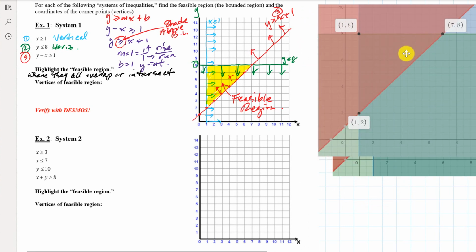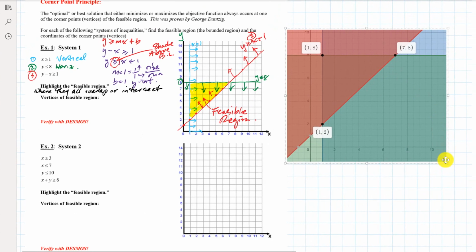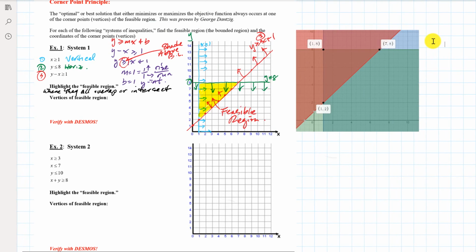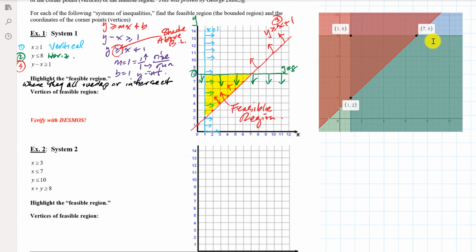Okay, so what you see off to the right here in color is from Desmos, but it corresponds to everything I'm doing here on paper. Okay, so let me highlight it here. So this region right through here that I'm highlighting is what's called the feasible region.